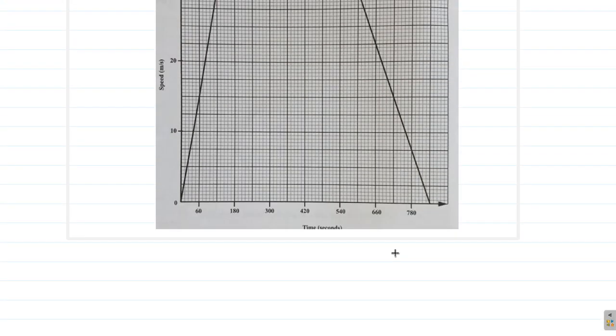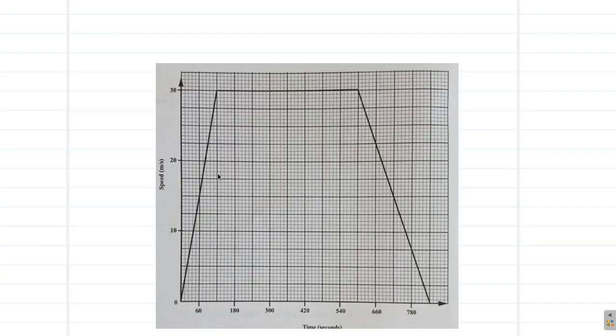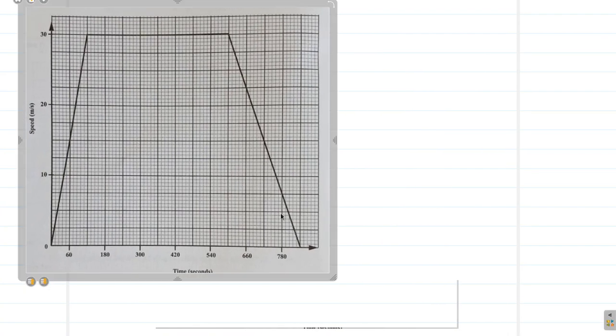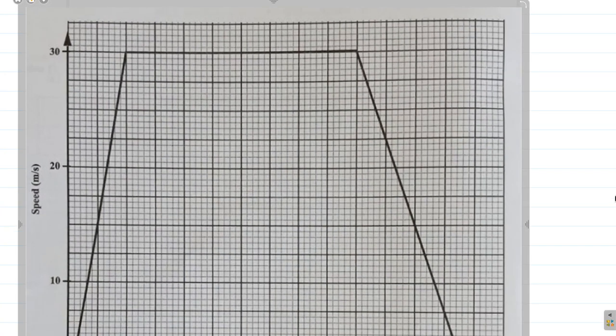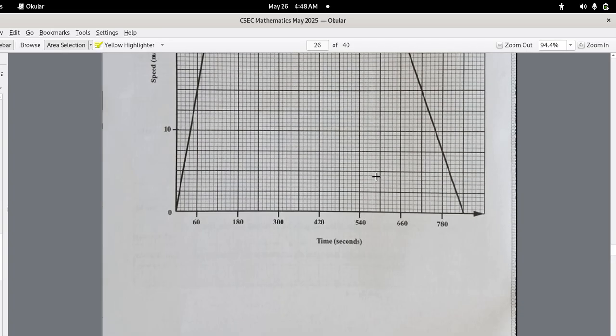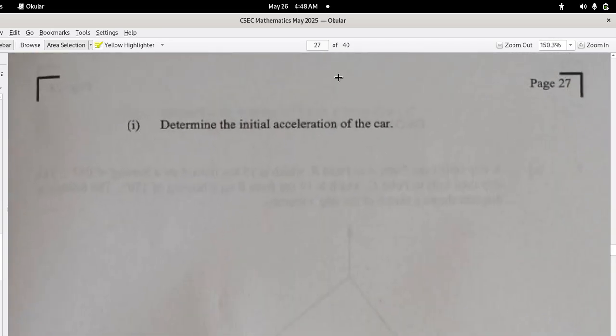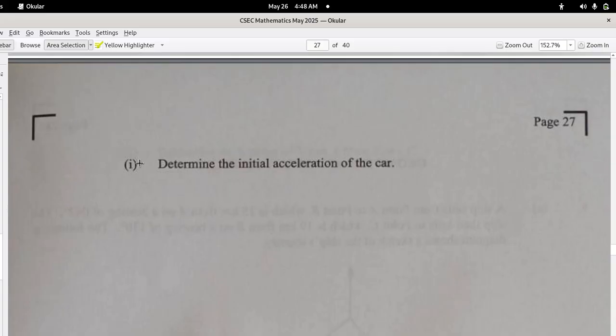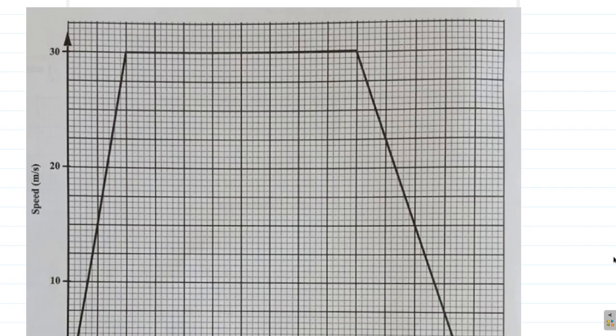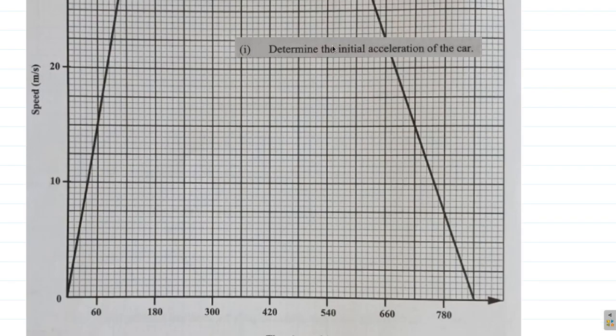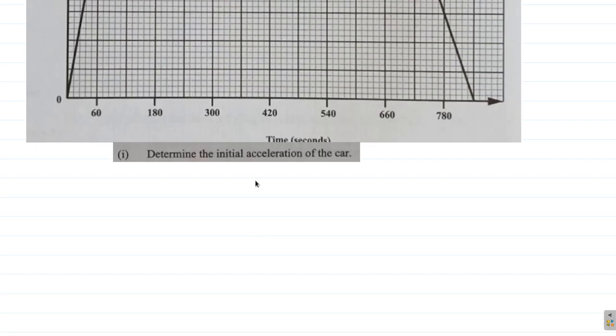Copy and paste it here. Alright, so what they say is determine the initial acceleration of the car. That's for 2 marks.